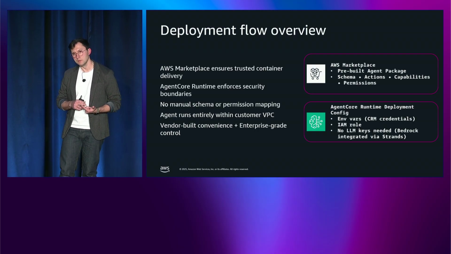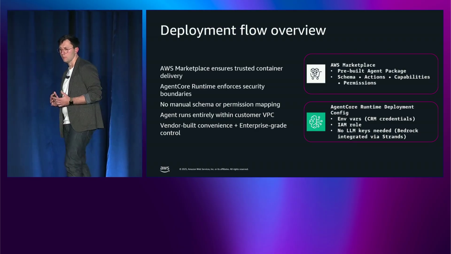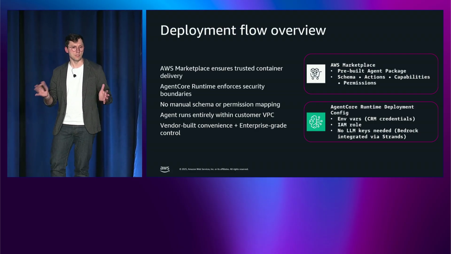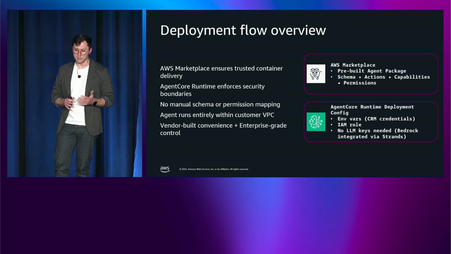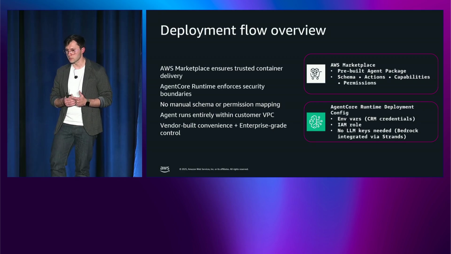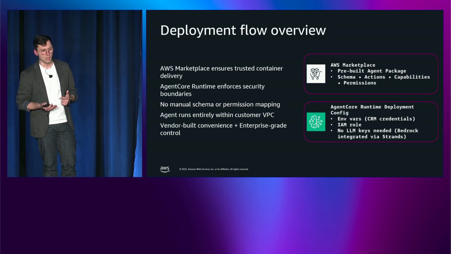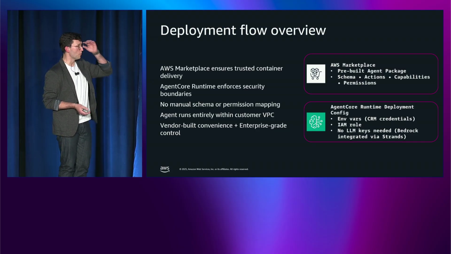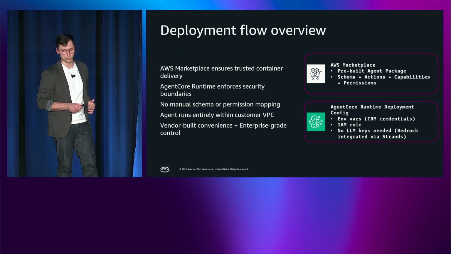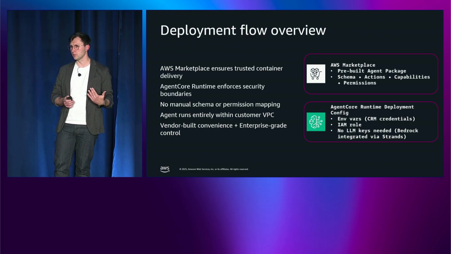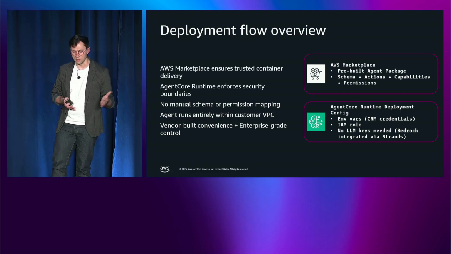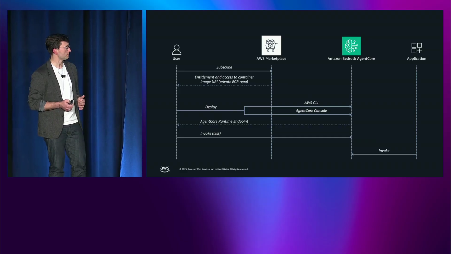The secure runtime environment within Agent Core gives you full control. The agent would never leave the boundaries of your VPC. It's isolated from inbound requests from the internet unless you allow that, and you remain in full control over what the agent does and how it operates. So Marketplace ensures the trusted delivery of the agent, while Agent Core runtime enforces secure governance of the agents at the execution step.